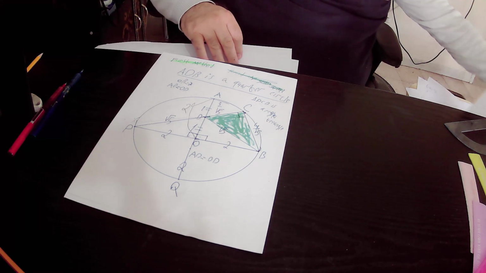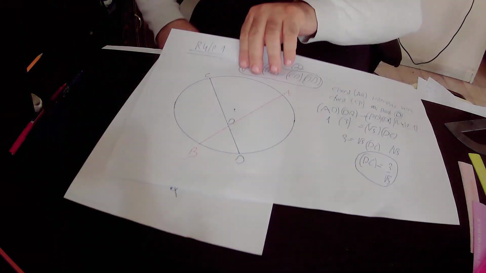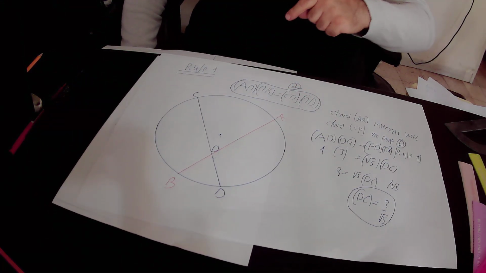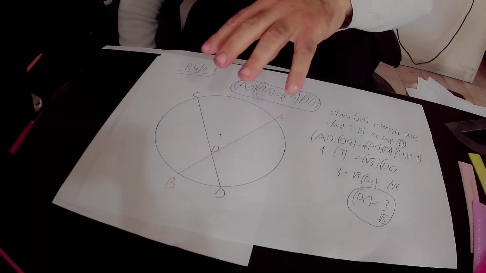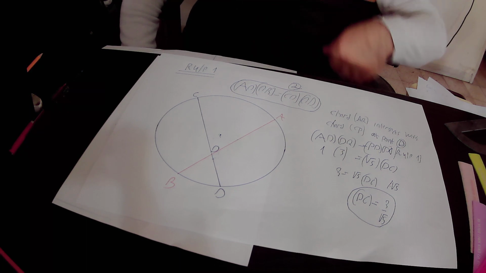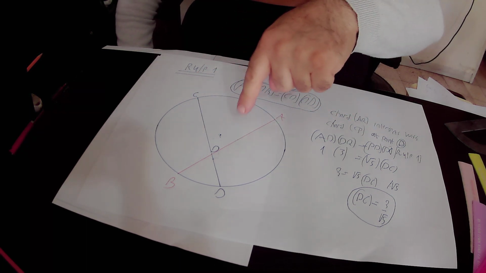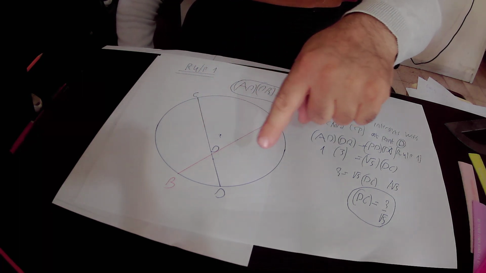Then we implemented rule number 1 in our drawing. According to rule number 1, if chord AB intersects with chord CD at point O inside the circle, then AO times OB equals CO times OD.